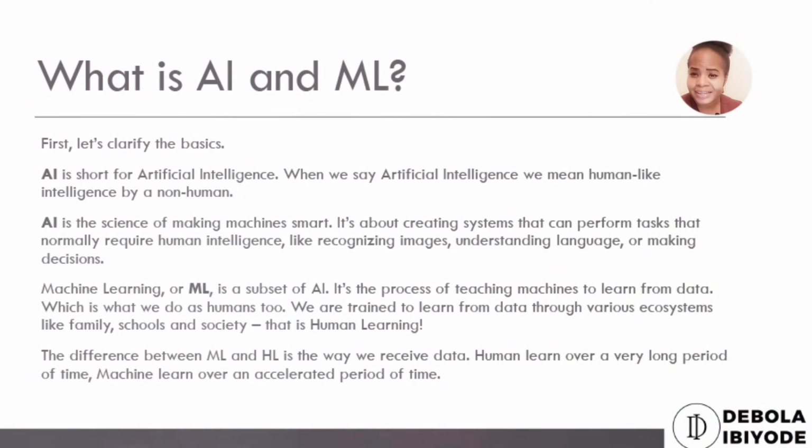And that system is a machine, right? So artificial intelligence is the science of making a machine perform tasks like a human would. That's simple enough.